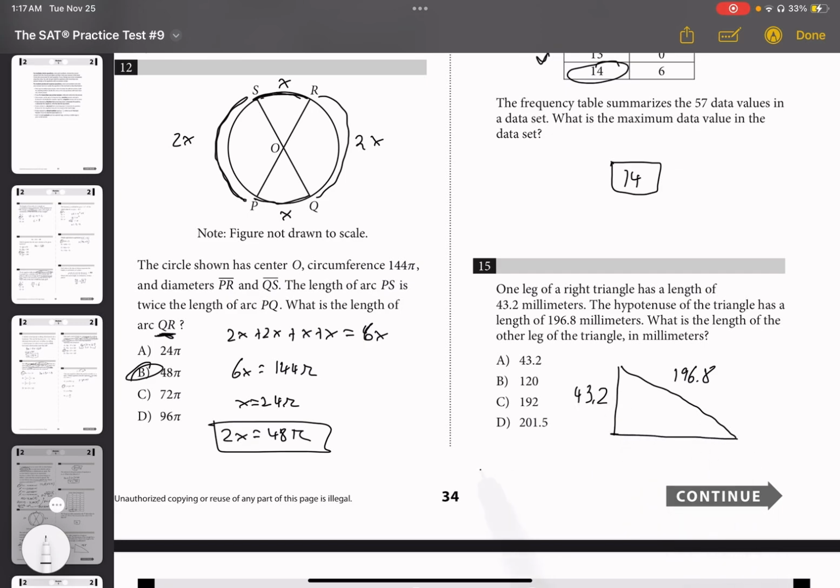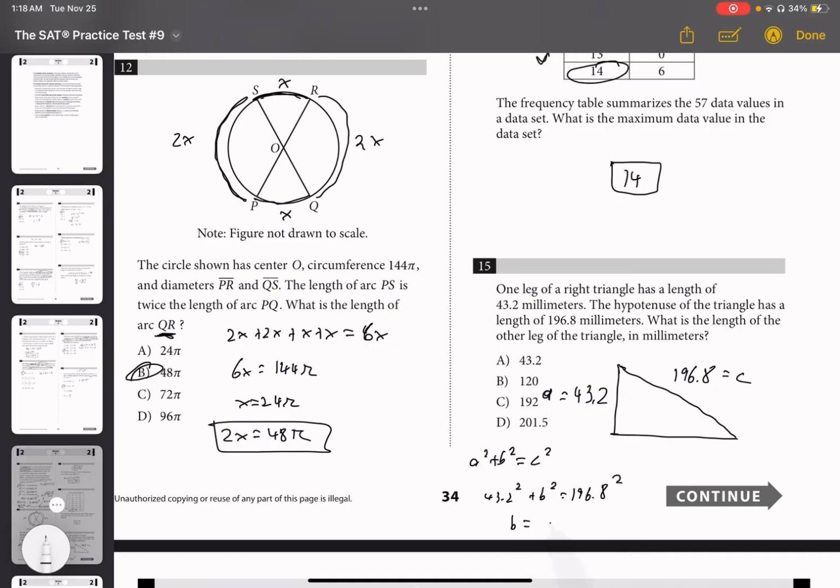I'm just drawing it for visualization purposes. Now we know that a squared plus b squared is equal to c squared. We can say this is a, this is c. C is always going to be the hypotenuse. Now 43.2 squared plus b squared is equal to 196.8 squared.